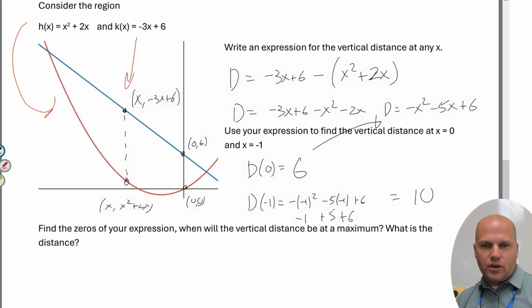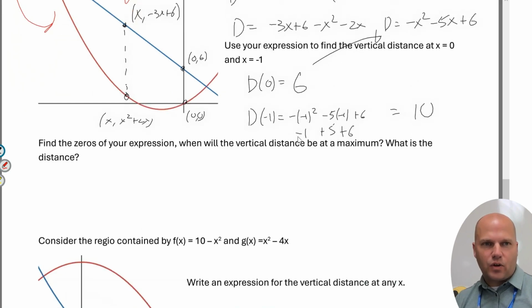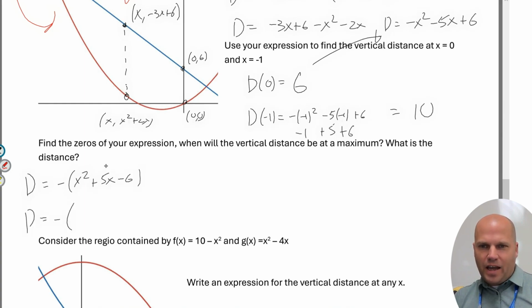All right, let's find the zeros of the expression and find when the vertical distance is going to be a maximum. Well, I'm going to have to factor out a negative so that I know, okay, yes, I know how to factor this. Two numbers that add to get this and multiply to get that. That's going to be x plus 6, x minus 1.